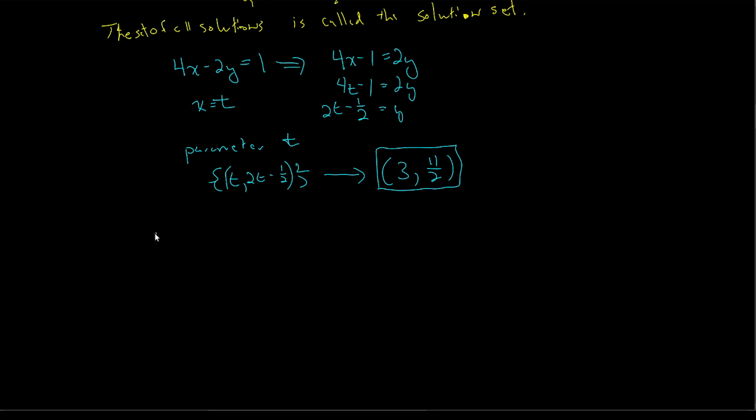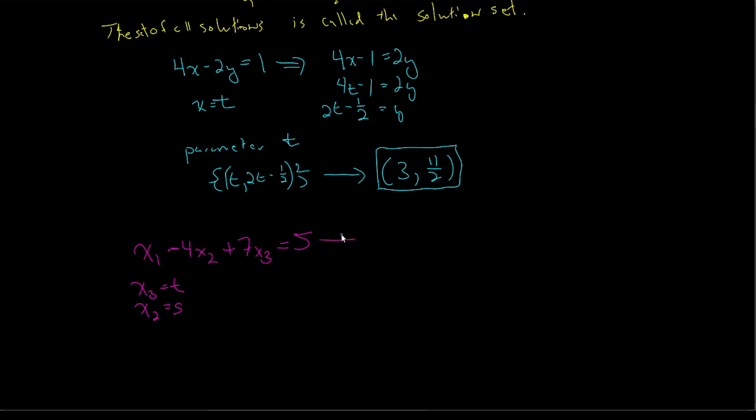So if I have x1 minus 4x2 plus 7x3 equals 5, then I'm going to want to assign some parameters. Now, since I have 3 variables here, I'm going to start at the back end, and I'm going to say x3 will be a parameter t, and x2 will be a parameter s.